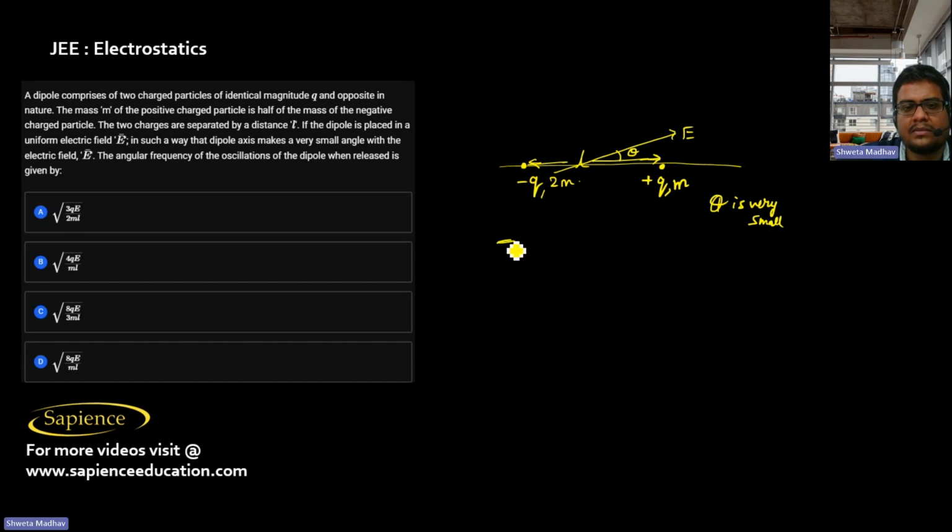So we know that the torque is equal to I alpha, where I is the moment of inertia.